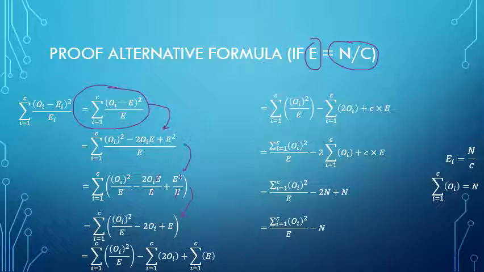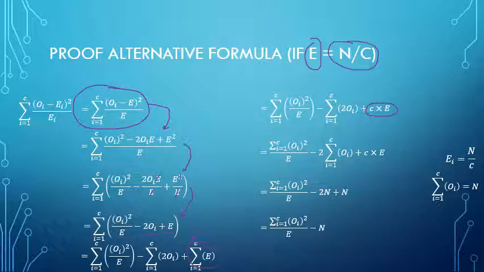Then the summation here is going to be split up into 3 parts. I'm going to sum up this, then separately sum up this, and then separately sum up that. That's what's done here. Then, because this no longer has i's in it, I can simply replace that by c times e.